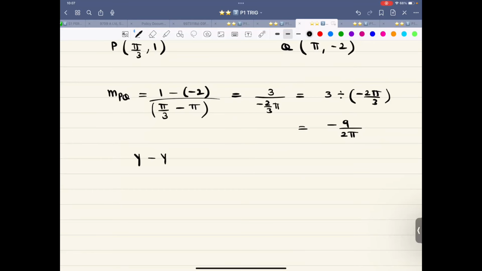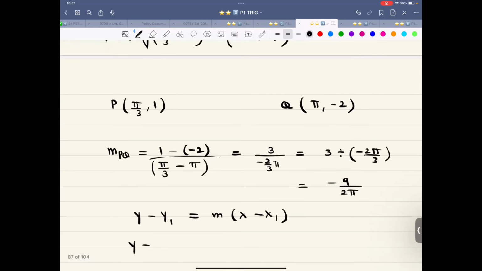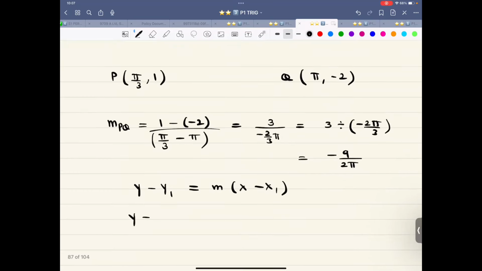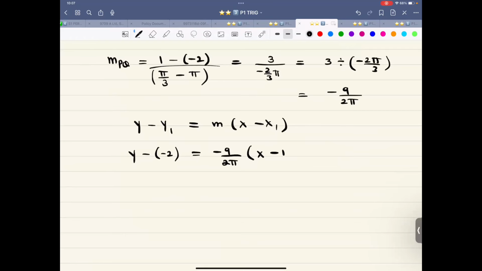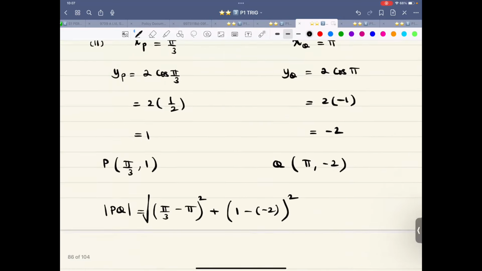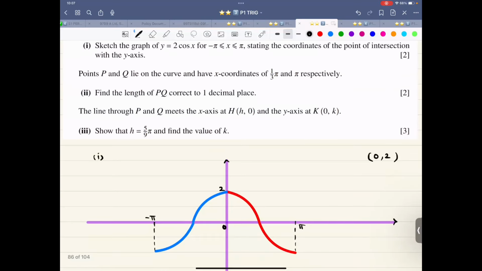Y minus y1, coordinate geometry, back in action, x minus x1. Y minus y1, choose any point. Since it's passing through both of them, I'll choose Q. So y minus minus 2 is equal to minus 9 over 2 pi times x minus pi. Now there are two coordinates: one is h comma 0 and the other is 0 comma k.